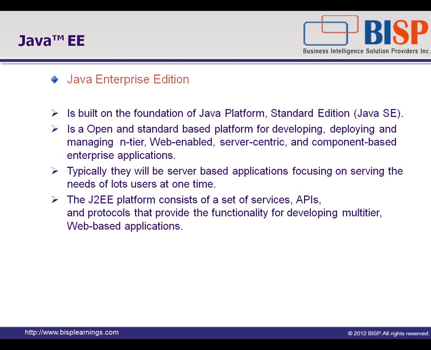Typically they will be server-based applications focusing on serving the needs of lots of users at one time. The J2EE platform consists of a set of services, APIs and protocols that provide the functionality for developing multi-tier web-based applications.